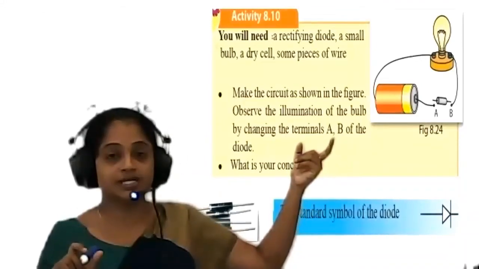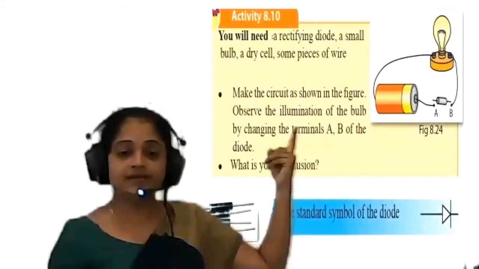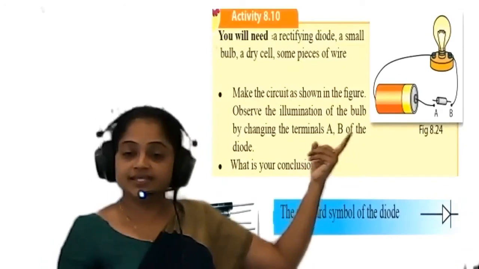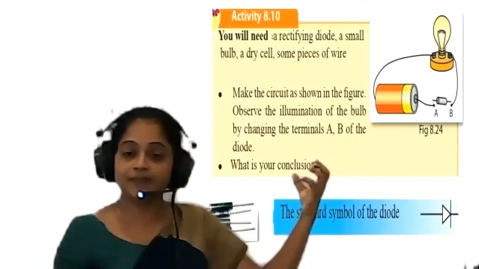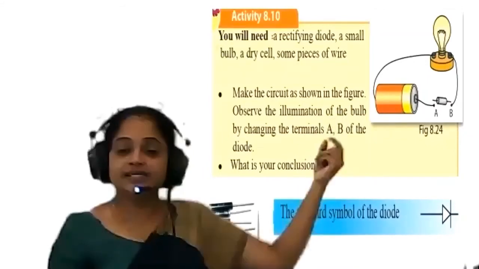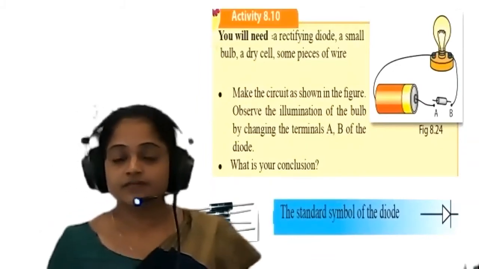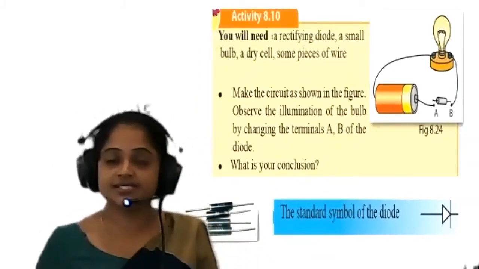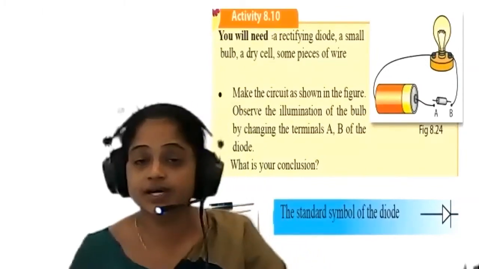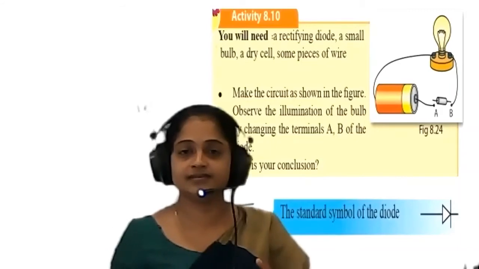Then, the next time, you have to repeat the same activity by changing the terminals and take your observations. When you are doing this activity, you can see children, in only one occasion, you can see the illumination of the bulb. Only one occasion. What is the reason for that?